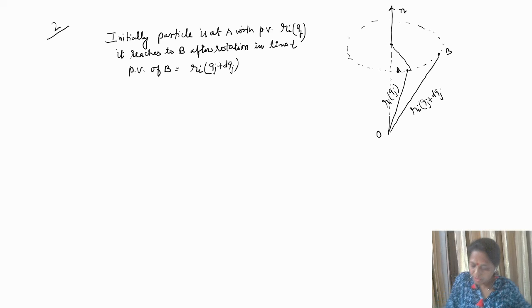Join the center of the plane of rotation with A and B. Suppose this angle is theta, then naturally this is your sort of displacement, which is in the form of a curve.